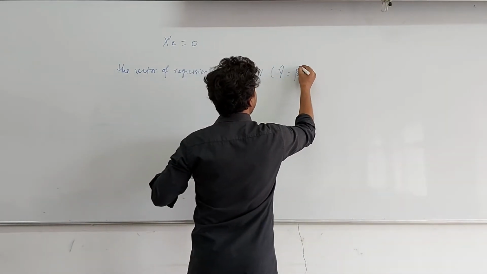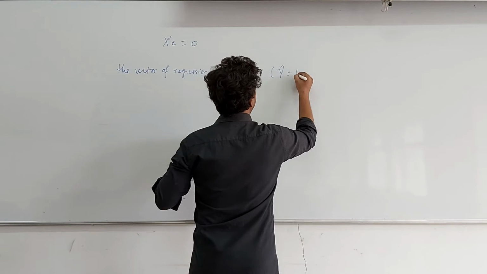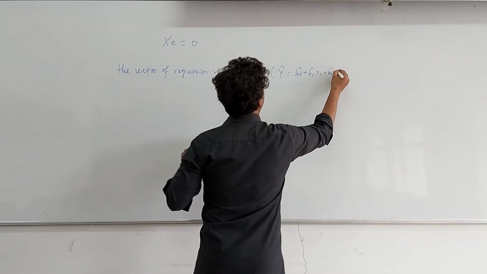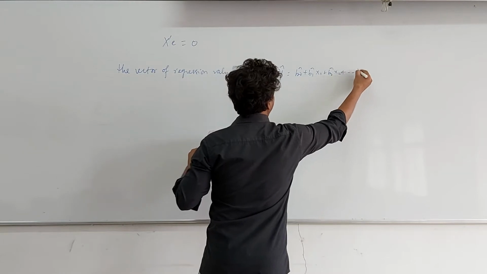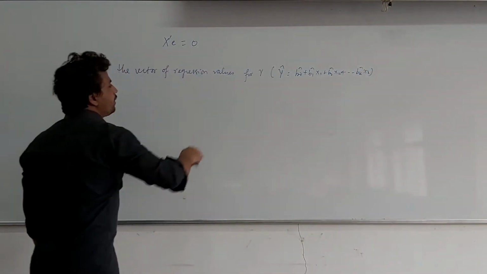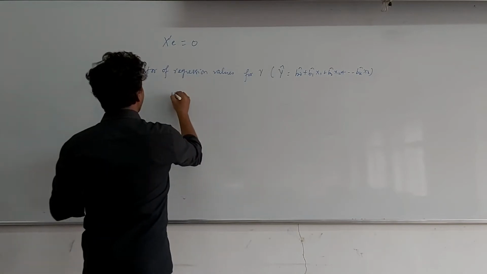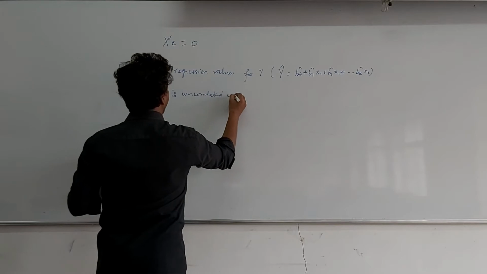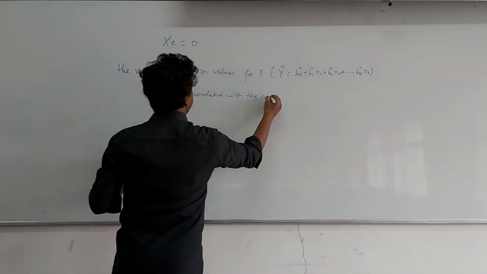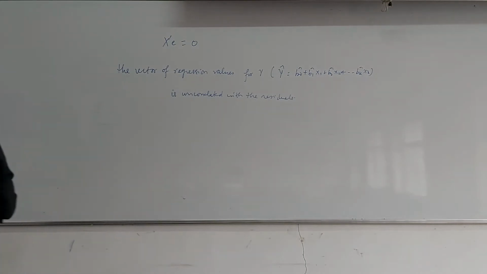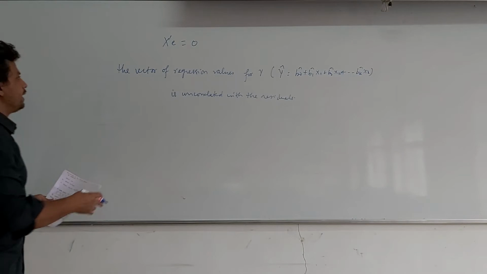So let me write it here: the vector of regression values for Y is uncorrelated with the residuals. Now why am I able to say this?